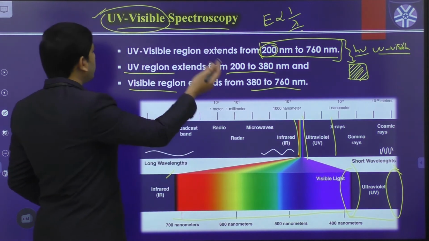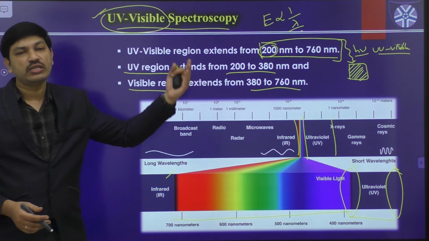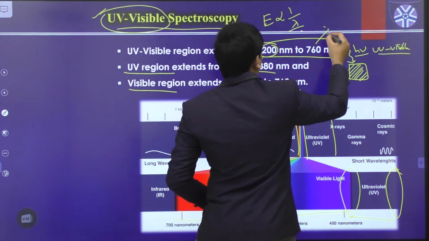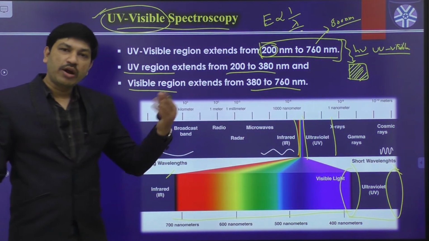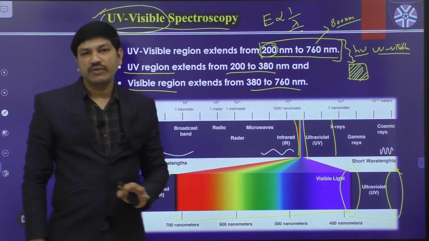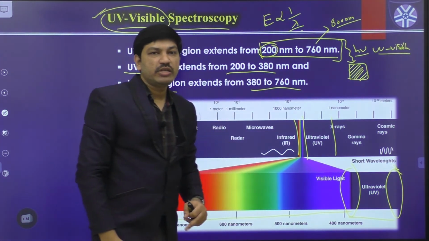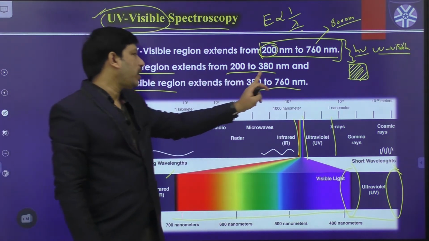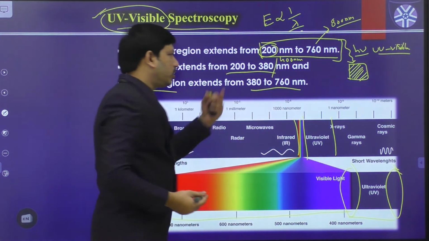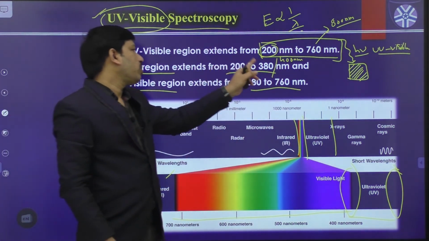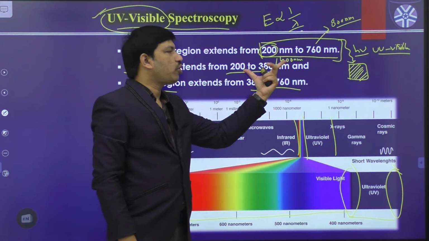So the entire UV visible radiation range is 200 nanometers to 760, or some textbooks mention up to 800 also. There is no issue, 200 to 800 is also okay. Among these, 200 up to 380 or up to 400 nanometers is defined as ultraviolet radiation, because it has a shorter wavelength.